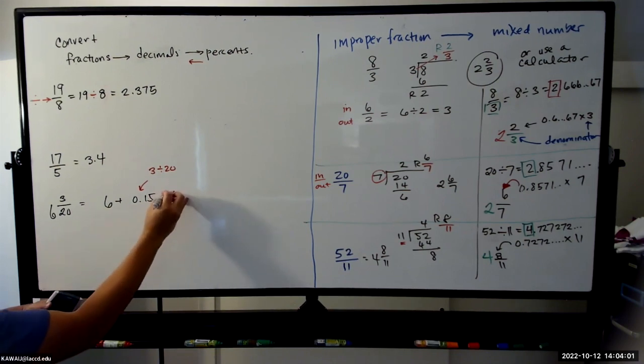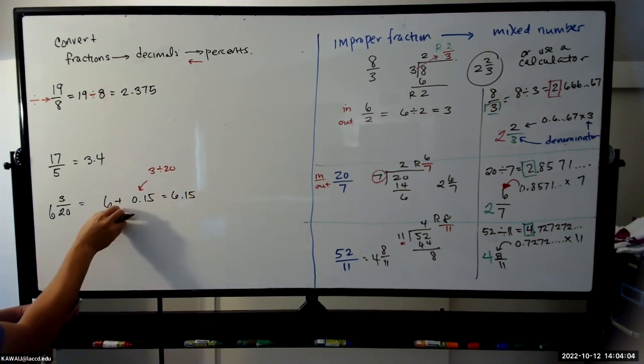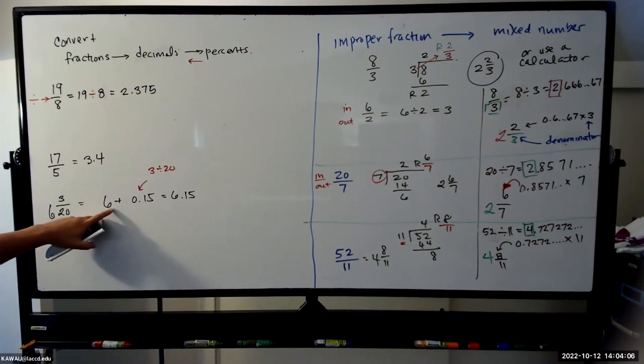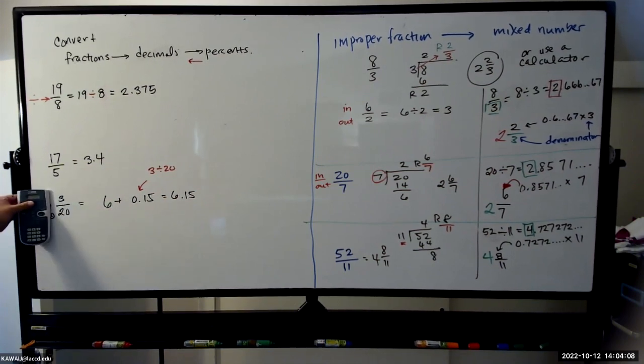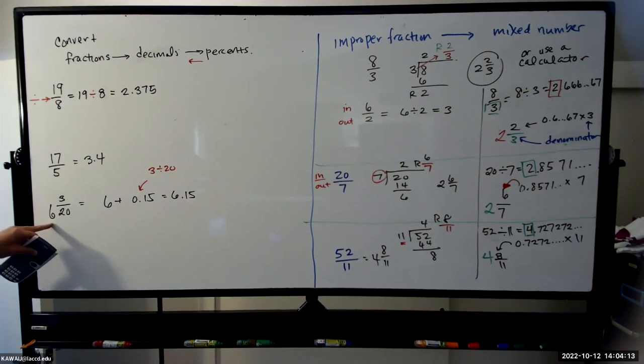Which gives you 6.15. So you're not actually doing the division with the 6. The division just happens with the fractional part, and then you add the whole number part to it.